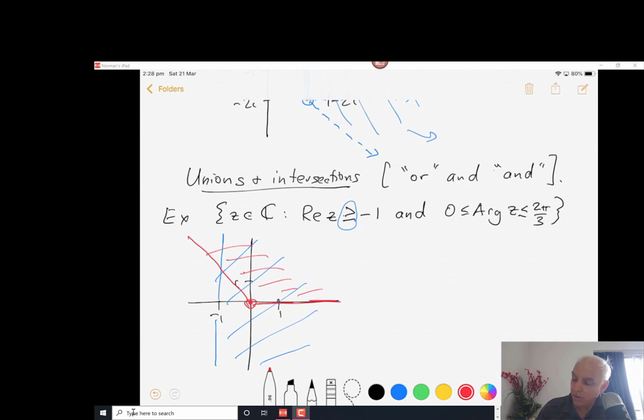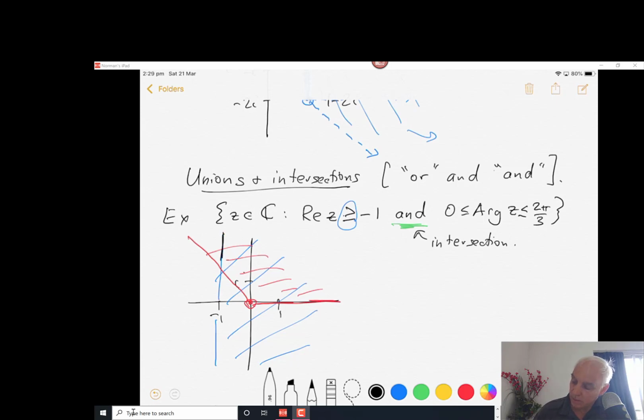And now we have to put them together with this and. Okay, so the and is telling us that we actually have an intersection. So what is the final result of that? Well, maybe I could do it on this region here. The things which are in both of these regions will be what?